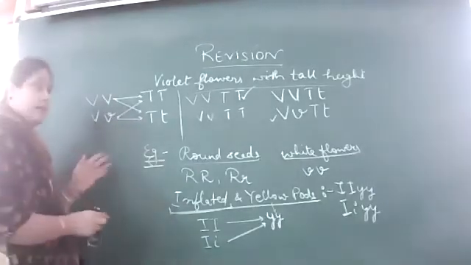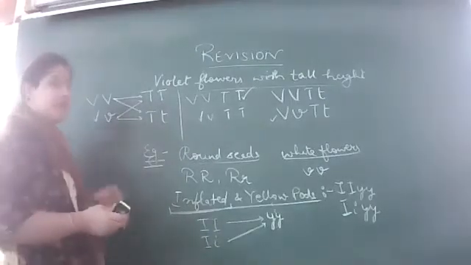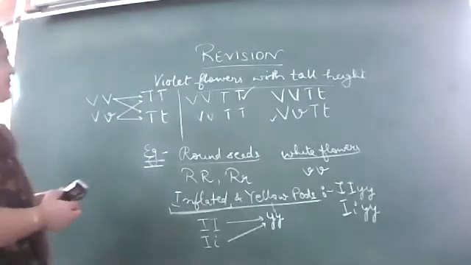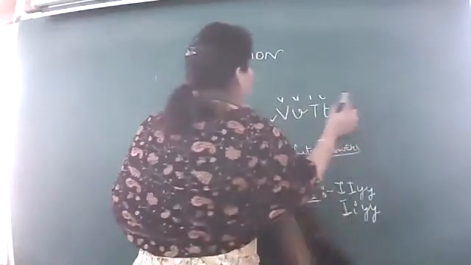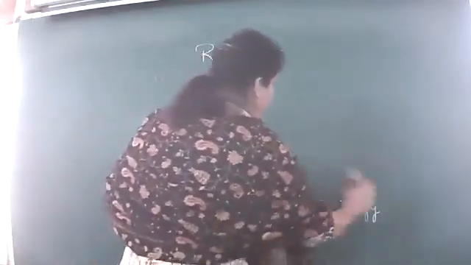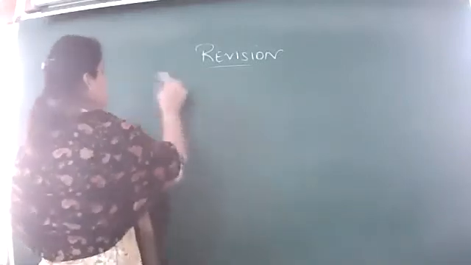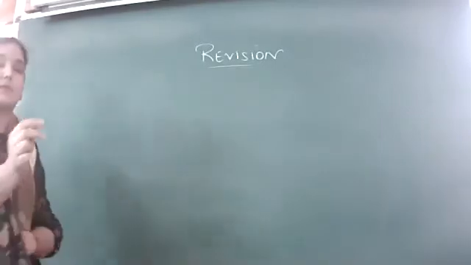Coming to the cross construction, if we say, construct a monohybrid cross and provide the ratios. If the question is like this: construct a monohybrid cross with the parents pure for the character of flowers. Pure means they are pure dominant and pure recessive.